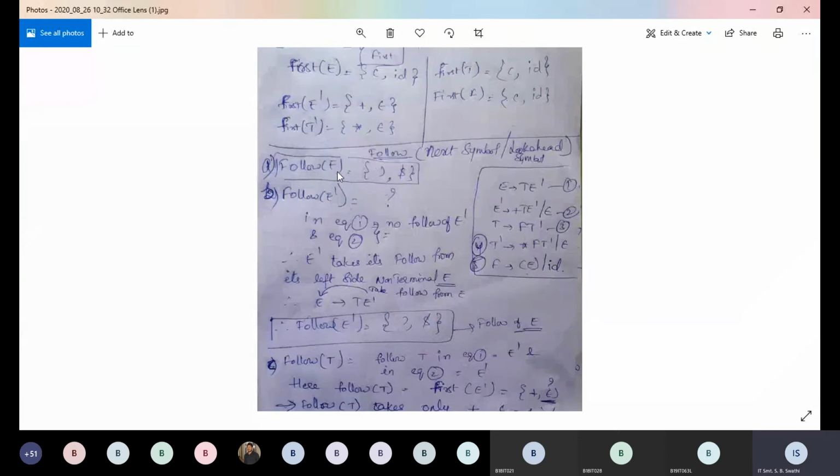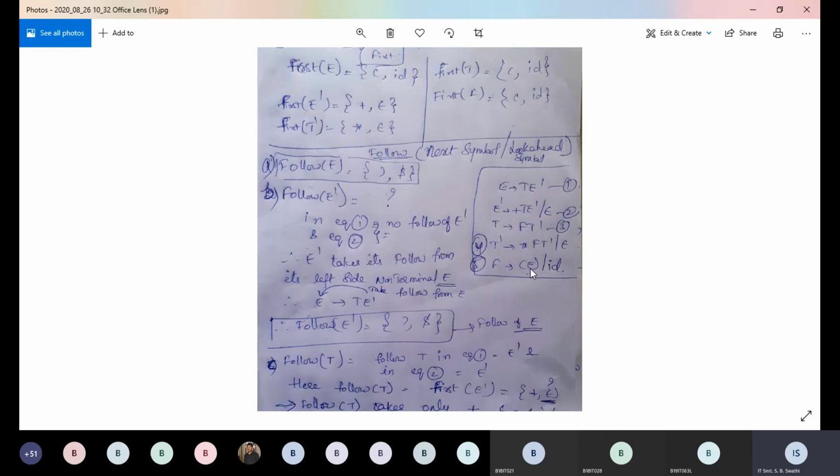Is it clear? Students? Yes, ma'am. Okay, now take this one, follow of E. Among these 5 productions, we have to check where this non-terminal capital E is. If you check, in the 5th one there is capital E. In the remaining 4, there is no capital E. So after capital E, what is the next symbol?